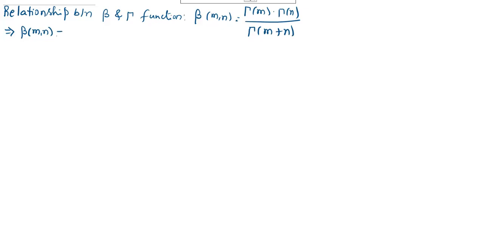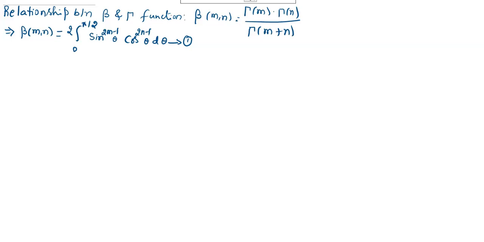So let me consider beta of m comma n, which is twice the integral from 0 to pi by 2 of sine to the power of 2m minus 1 theta cos to the power of 2n minus 1 theta with respect to theta. Let me call this equation number 1.